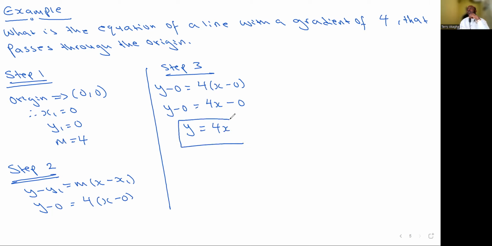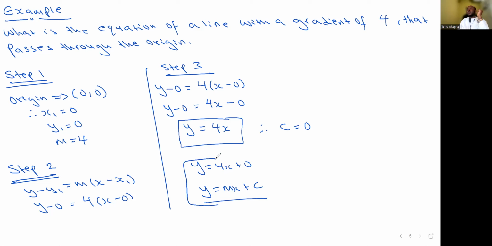And that will be the answer for that. So that means in this case now we can say the c is equal to 0 because it's the same thing as saying y is equal to 4x plus 0, because it's the same thing as saying y is equal to mx plus c. All right? So that is that for that.